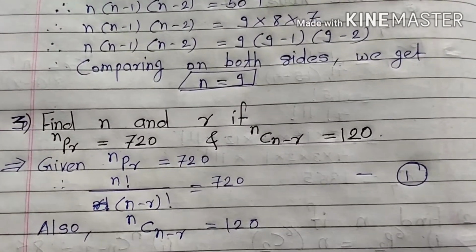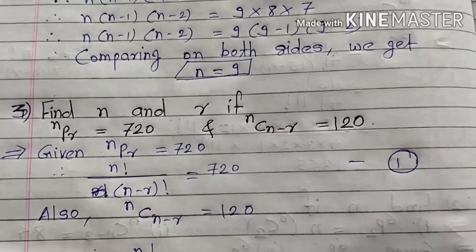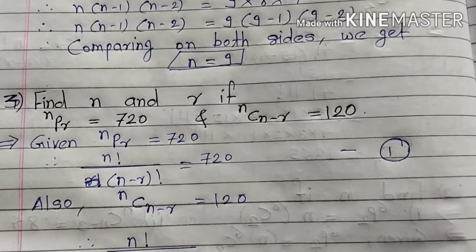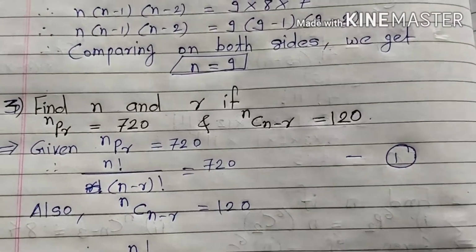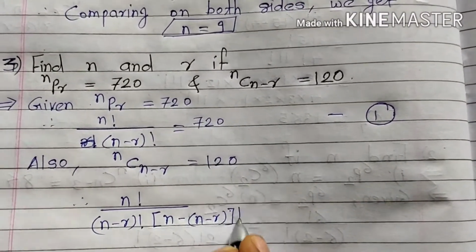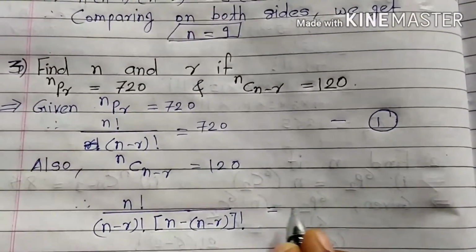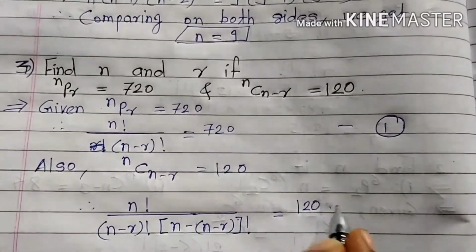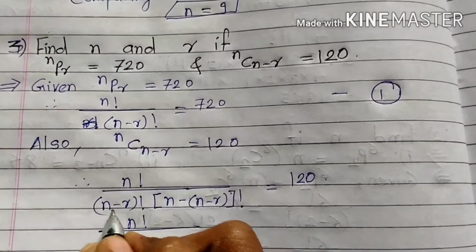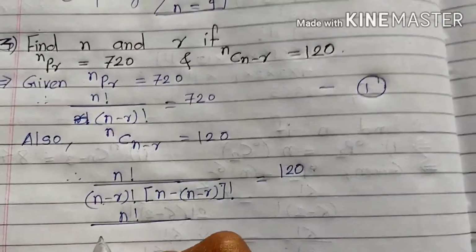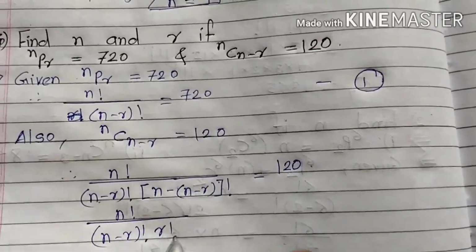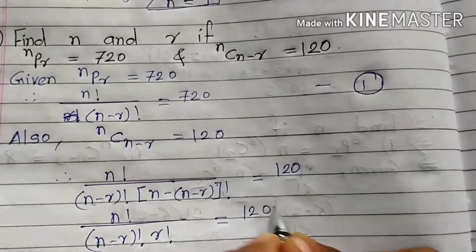So use here the formula n factorial upon (n minus r) factorial, and in the bracket (n minus (n minus r)) factorial, which is equal to 120. So that is n factorial upon (n minus r) factorial into r factorial, which is equal to 120.